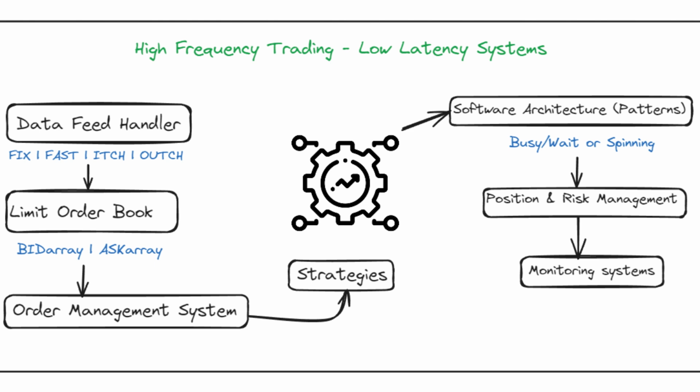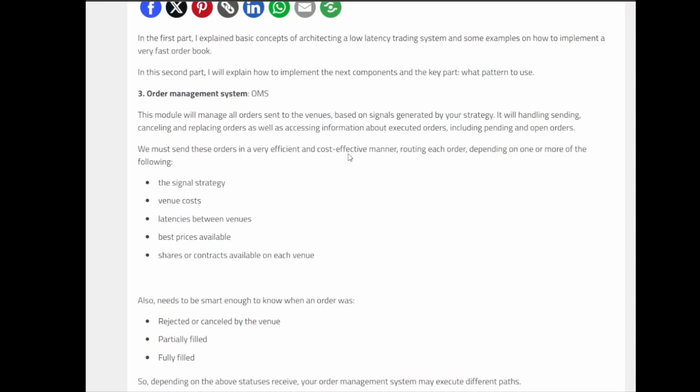Then the second component was the limit order book, which we tried to implement with simple arrays, two different arrays, bid arrays and ask arrays, and we allocated as much memory as we can. The whole thing we are trying to optimize here is latency. Be as fast as possible, be as low latency as possible.